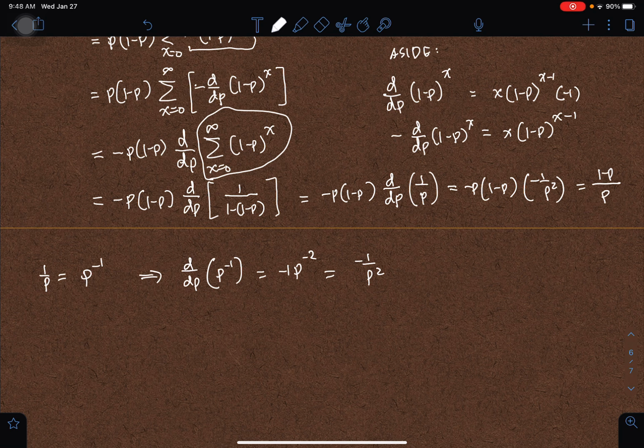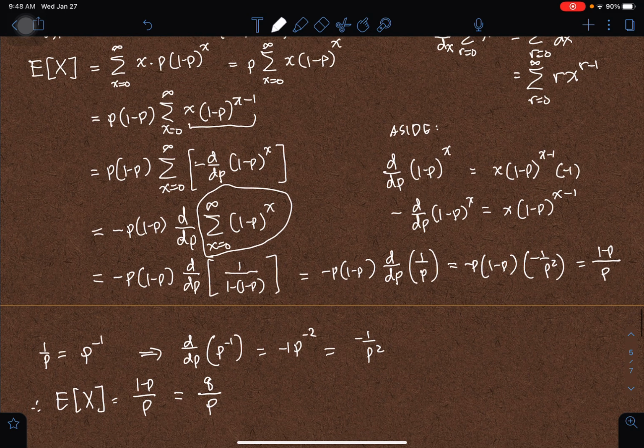That's the mean. Okay, that's right here. The expected value of x is equal to (1 minus p) over p, or q over p. That's the expected value of a geometric distribution.